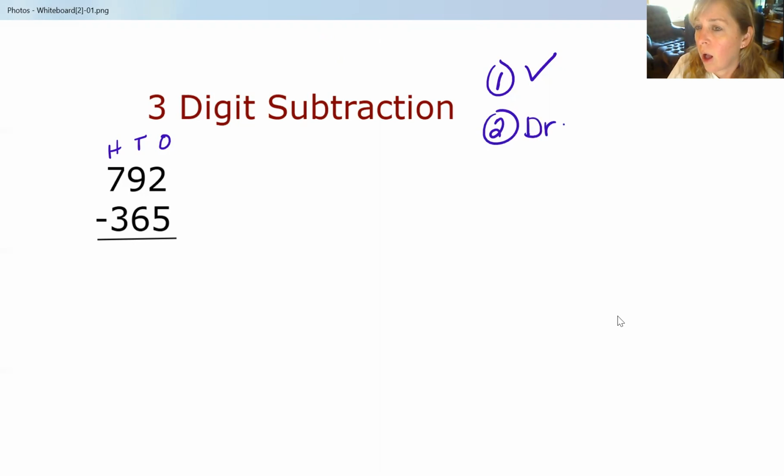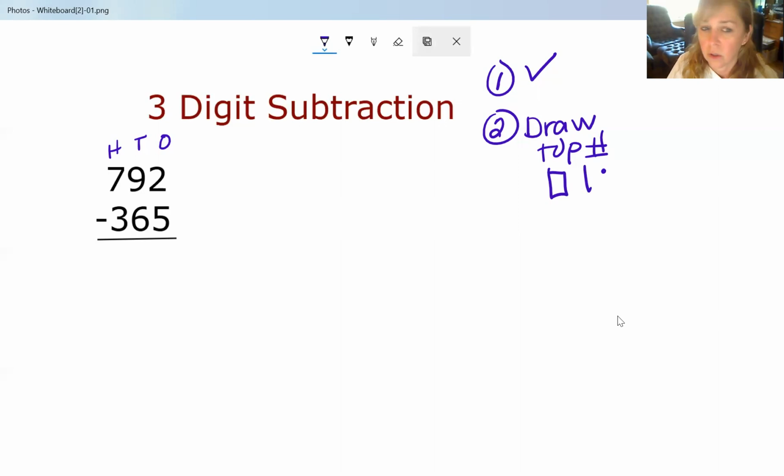You draw the top number using 100 boxes, 10 sticks, and 1 circles.